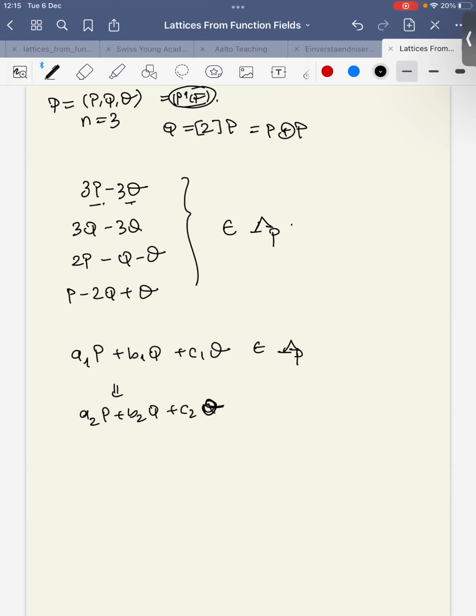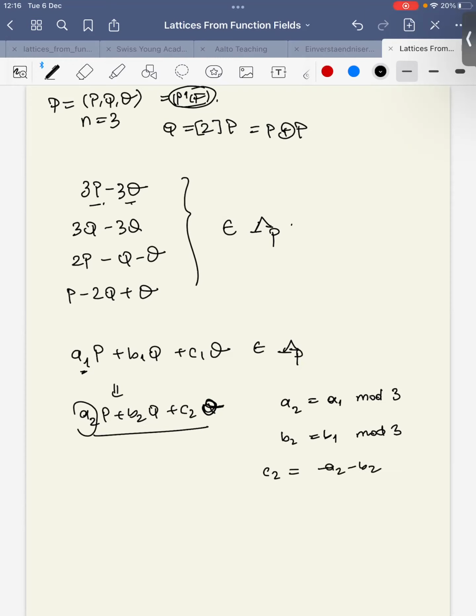is also a lattice vector. Then in this case, we can view these coefficients: A2 should be A1 modulo 3, B2 should be B1 modulo 3, and C2 should be of the form A2 - B2.